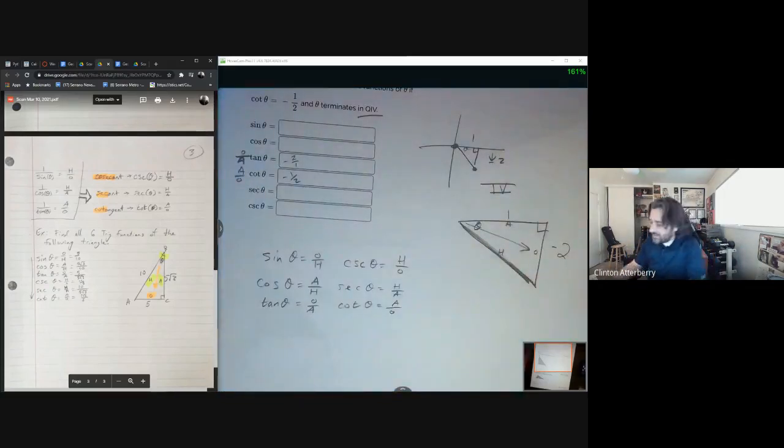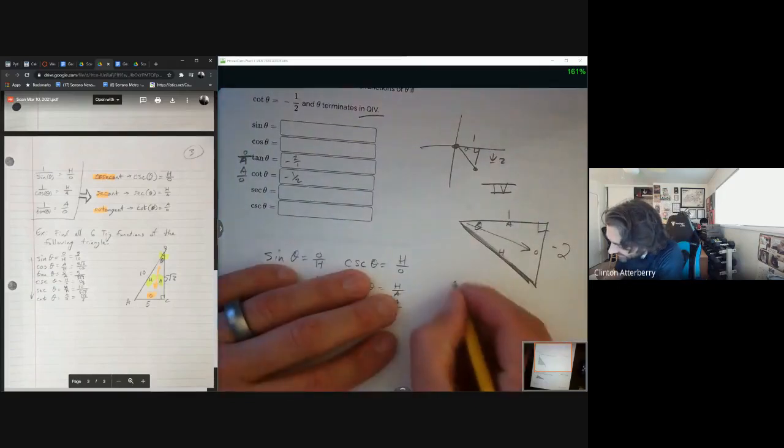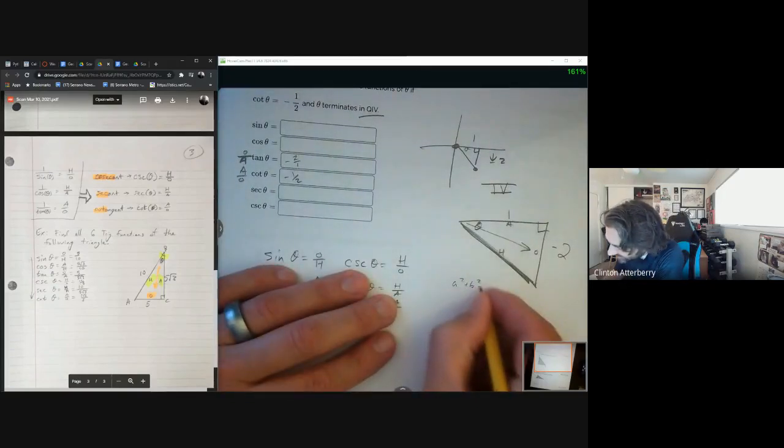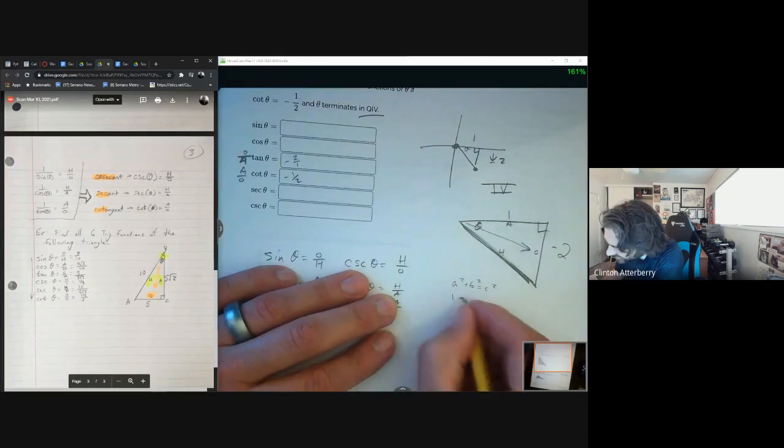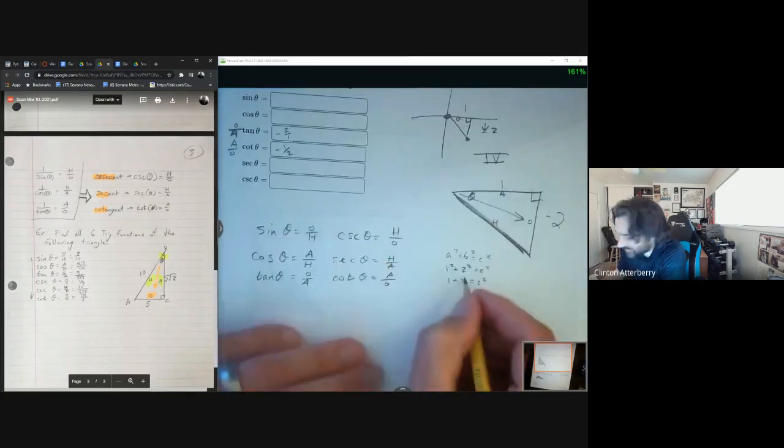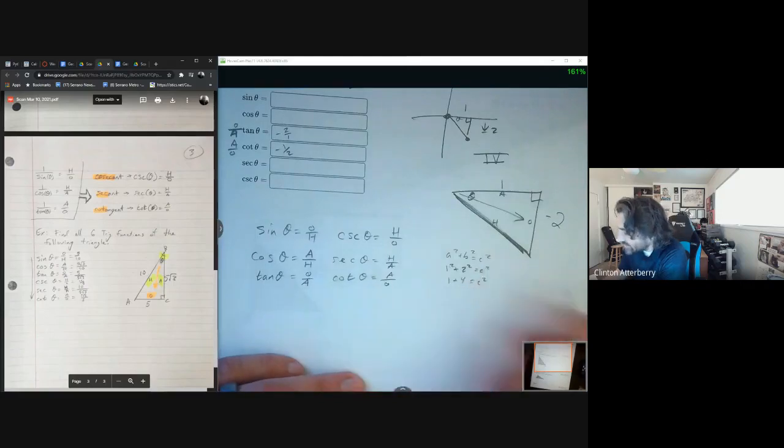That is a squared plus b squared equals c squared, where a equals, let's say, 1, and b, let's just call it 2. So that's 1 plus 4 equals c squared. 1 times 1 is 1. 2 times 2 is 4. C times c is still c squared.